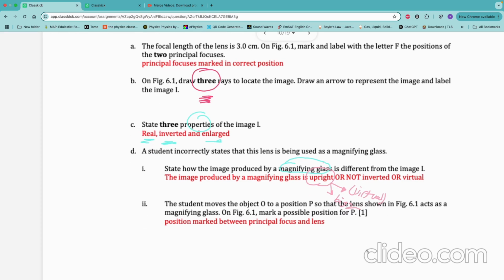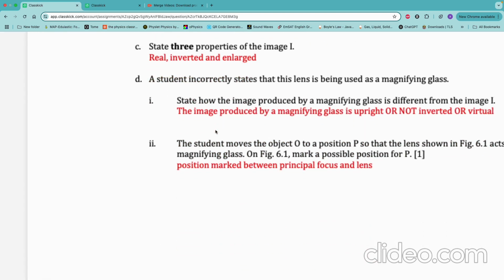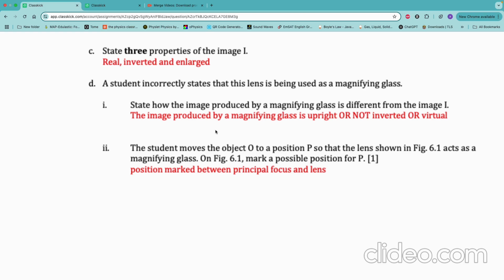The student moves the object O to a position P. Let me just erase this to be able to read. So that the lens is as shown in the figure. Since the student placed it at position O, this shows magnifying.